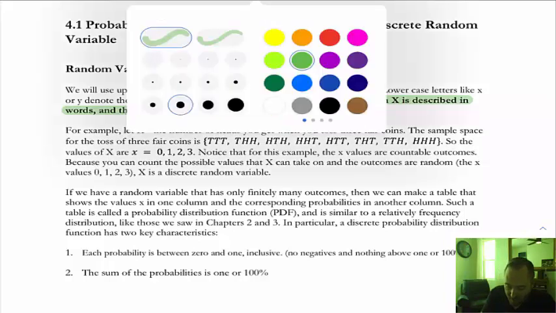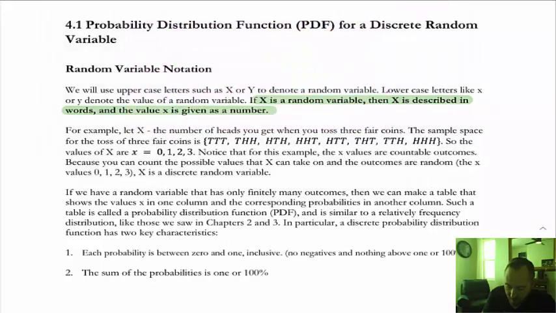Also, we're going to look at sample spaces. As we talked about back in 3.1, it's important to develop and know what the sample space is before you get started.